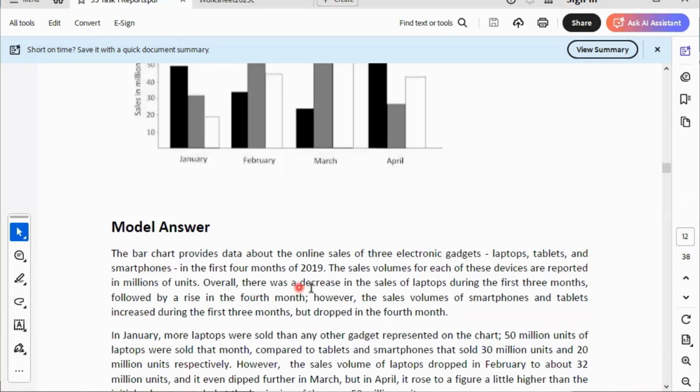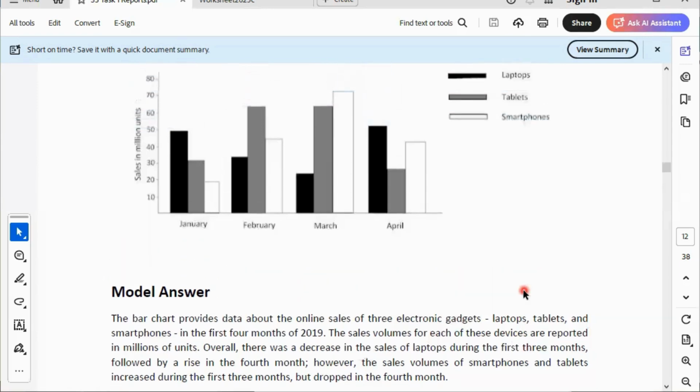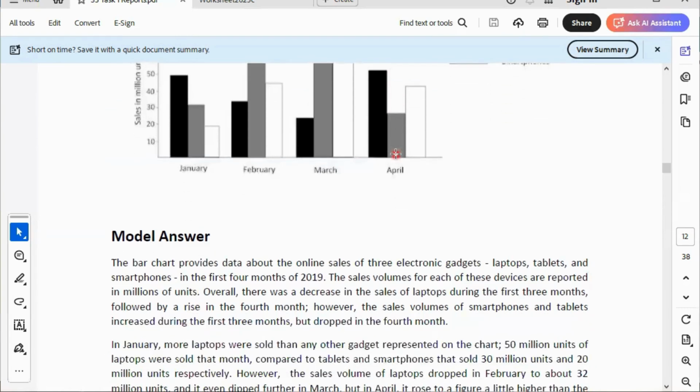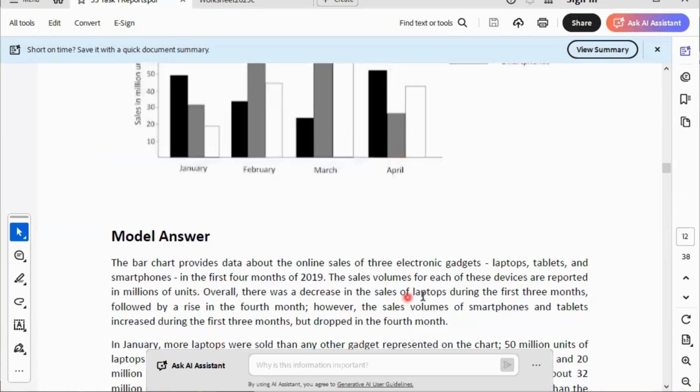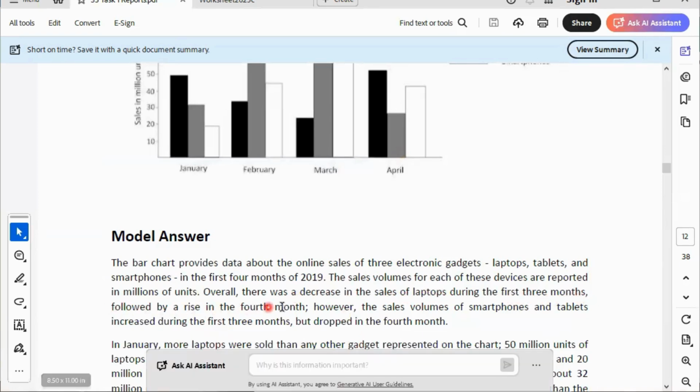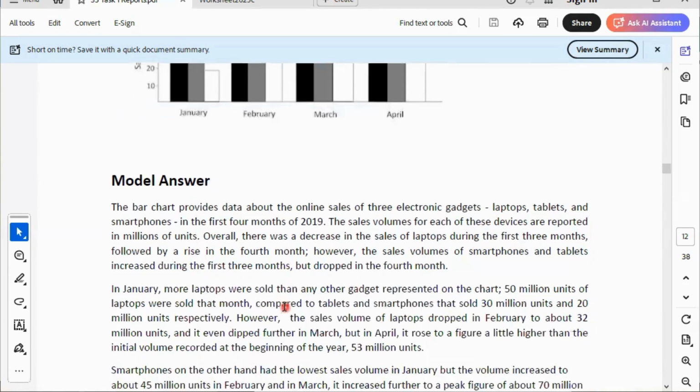Overall, there was a decrease in the sales of laptops during the first 3 months. Look at it, laptops. That's overview. Laptop was about 50. It reduced to 30. It reduced to 20 something. It reduced in the first 3 months, and then it increased. That's overall. There was a decrease in the sales of laptops during the first 3 months, followed by a rise in the fourth month.